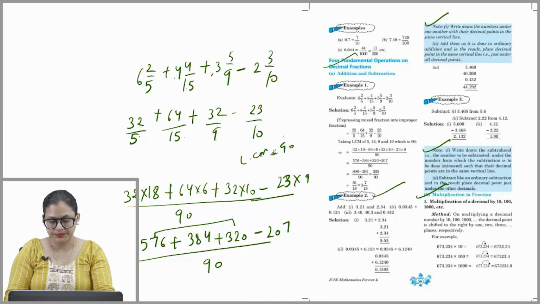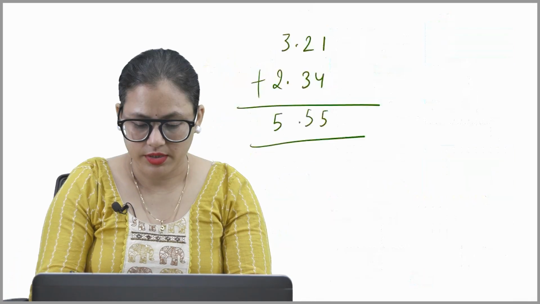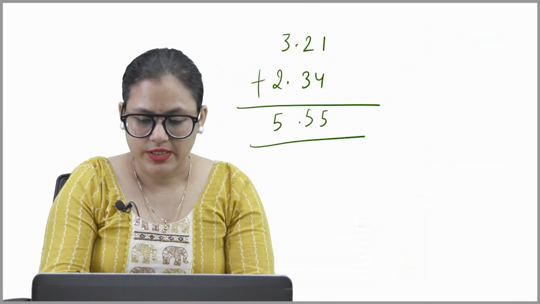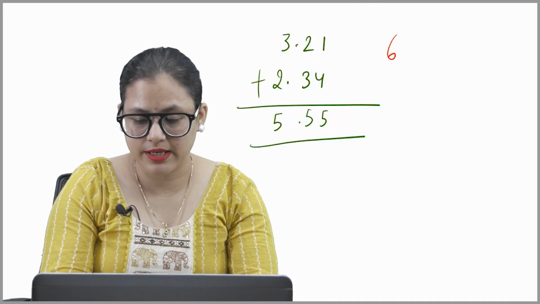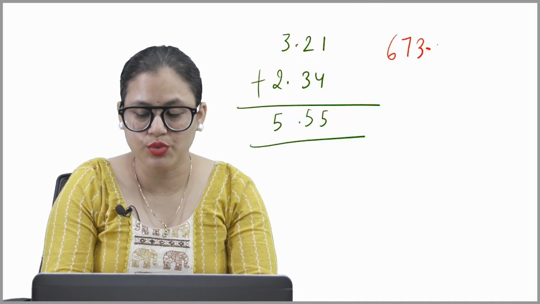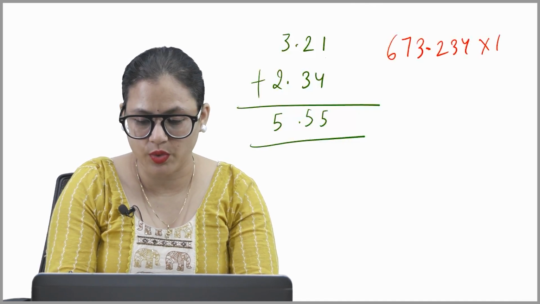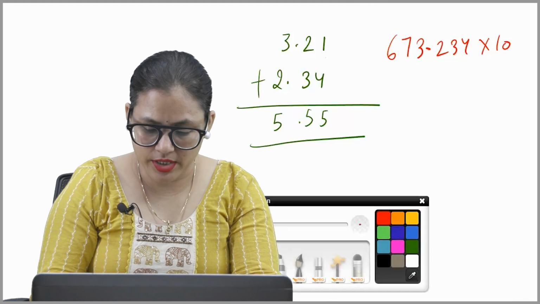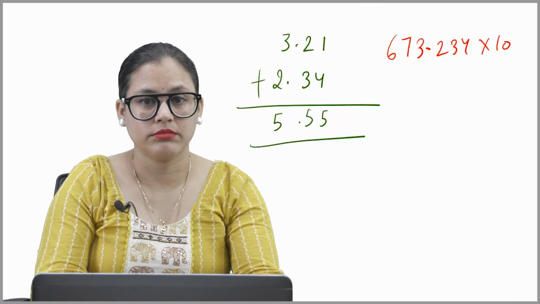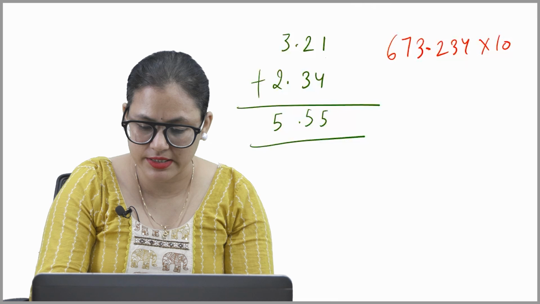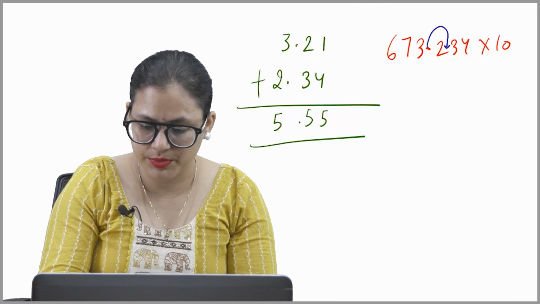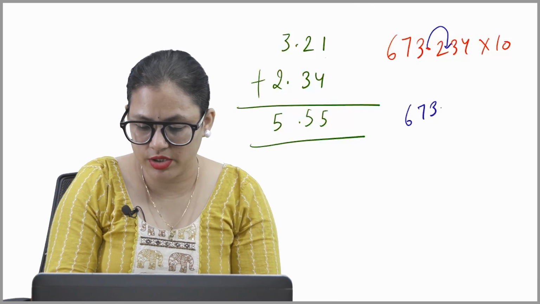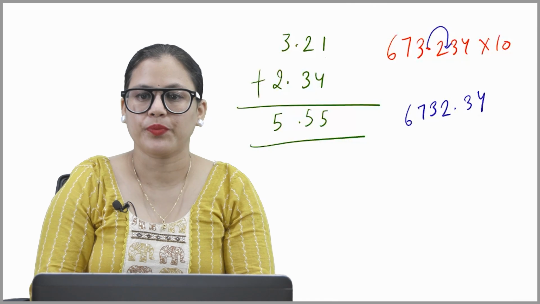For example, 673.234 into 10. Now this point will shift right by 1 only, meaning from here it will come here, so 6732.34.